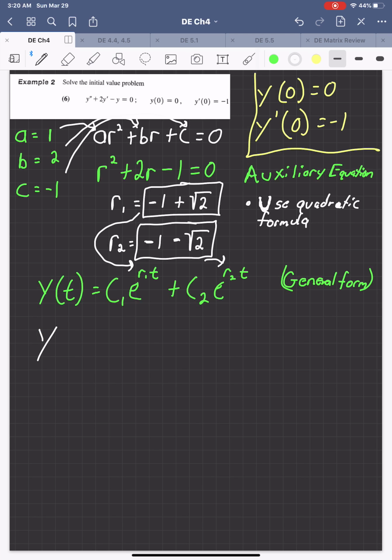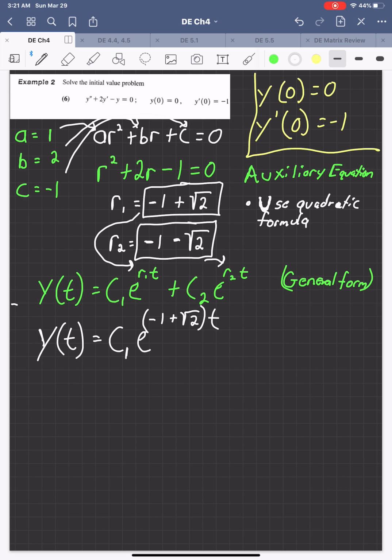So in this case, y of t would be equal to c sub 1 times e. Let me use some parentheses here. So r sub 1 is negative 1 plus the square root of 2 times t.